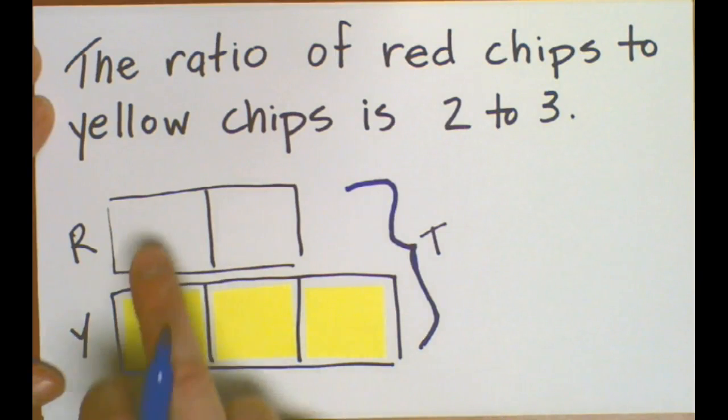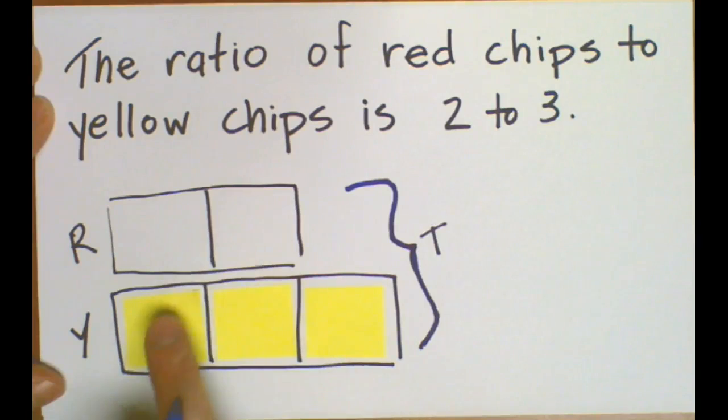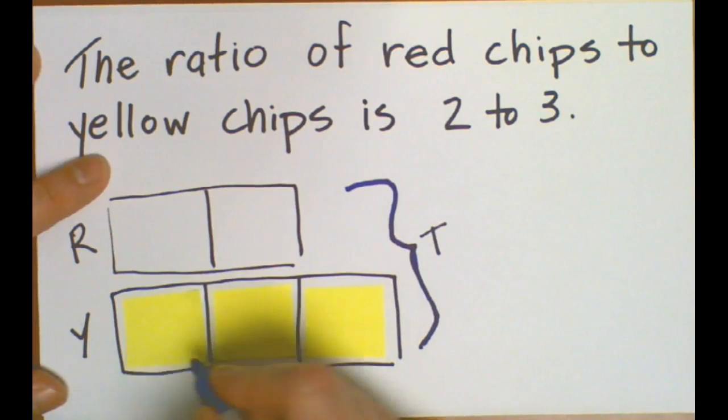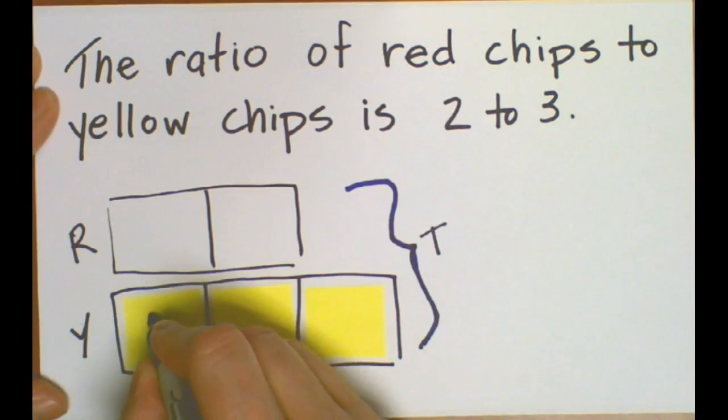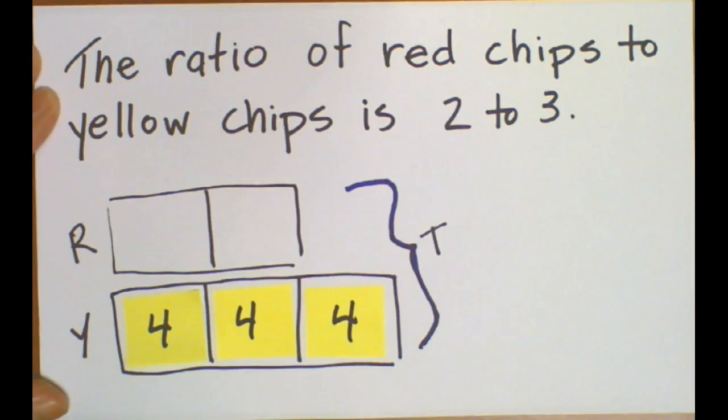Before we started with 1 red here, 1 red here, 2 red total, 1 yellow, 1 yellow, 1 yellow, 3 yellow total. So one of the connections we want them to make is that idea of equal groups, so that if they know that there are 12 yellow, then that's going to be 3 groups, and dividing 12 evenly into 3 groups puts 4 in each group.